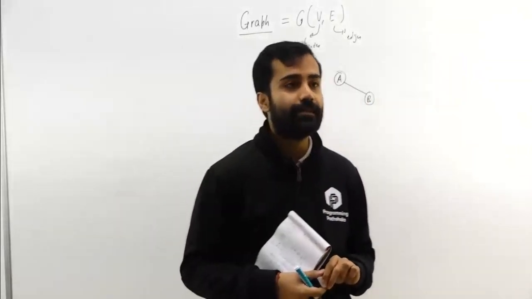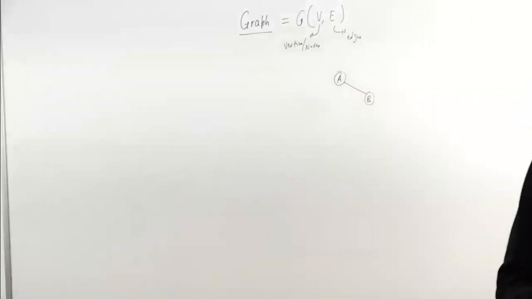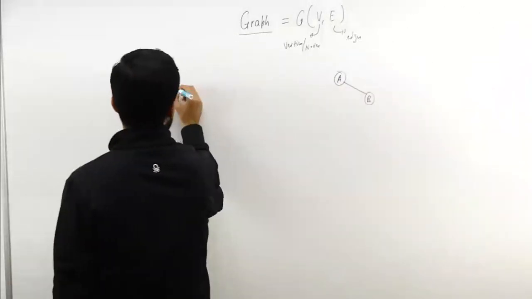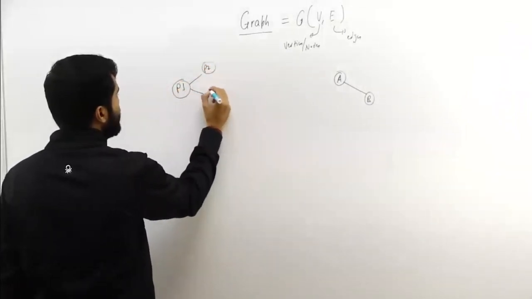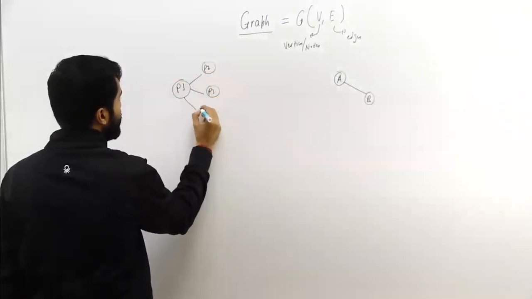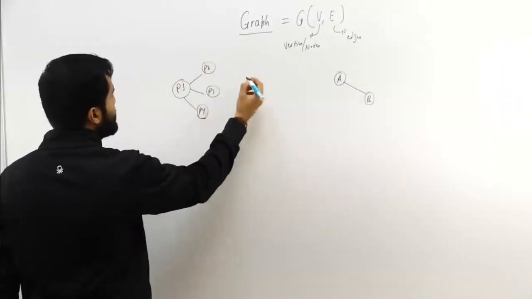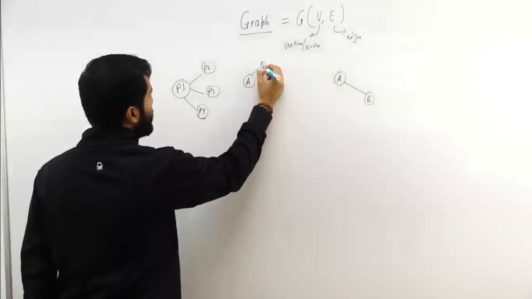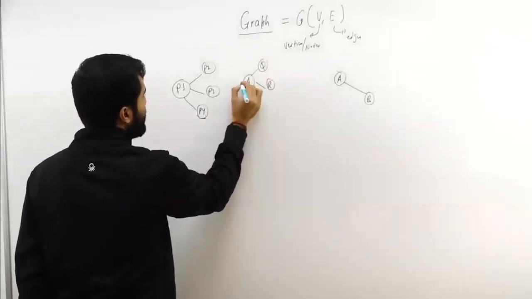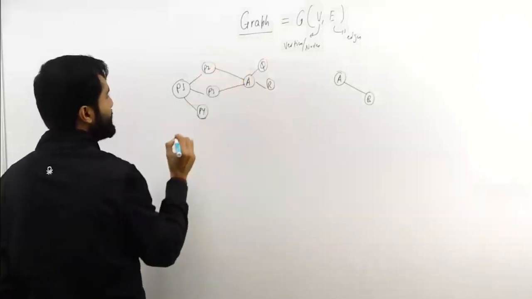It would somehow help us or not? The answer is yes. So let's say there is a person P1, and P1 is directly connected to persons P2, P3, and P4. And let's say there is another person called A, and A has a friend Q, A has a friend R, and A also has these two persons as friends.